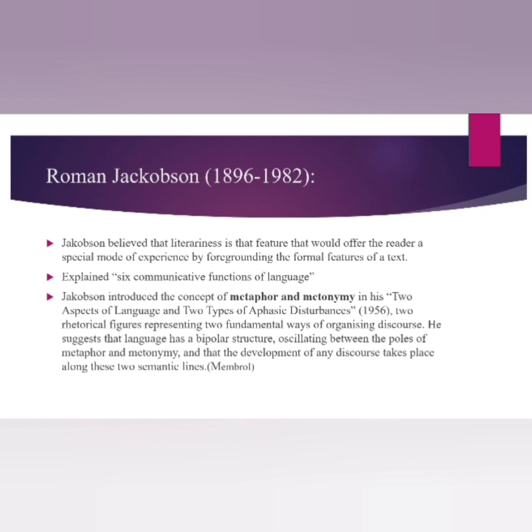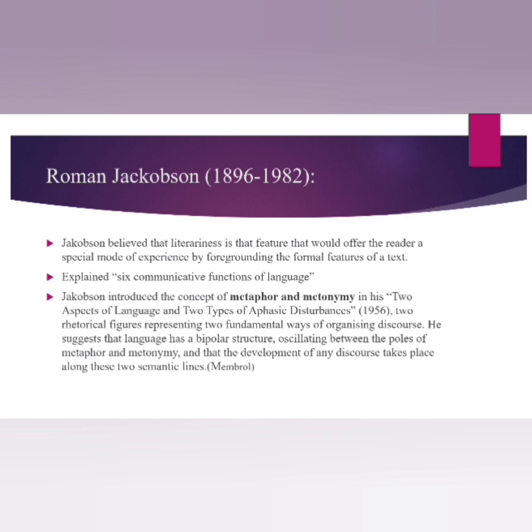And then there are the concepts of metaphor and metonymy in his essay from 1956, where he talks about the two aspects of language and two types of aphasic disturbances. Basically, he said that there are two poles of language: one is syntagmatic and the other is paradigmatic.